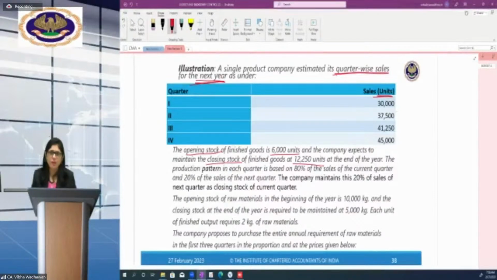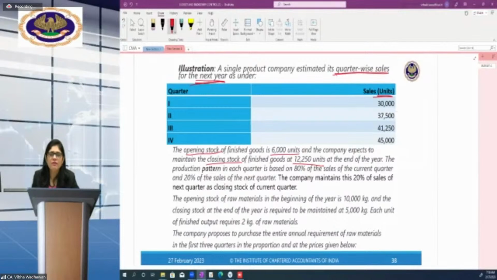In the earlier question, the pattern of closing stock was given. So they were expecting us to calculate the closing stock, then the opening stock. Sales was already given, so we calculated the production units. In this question, they are giving us the production pattern directly, how much production we have to make.